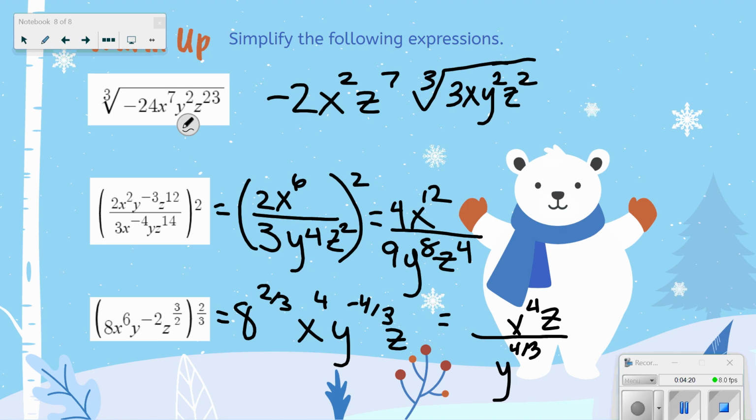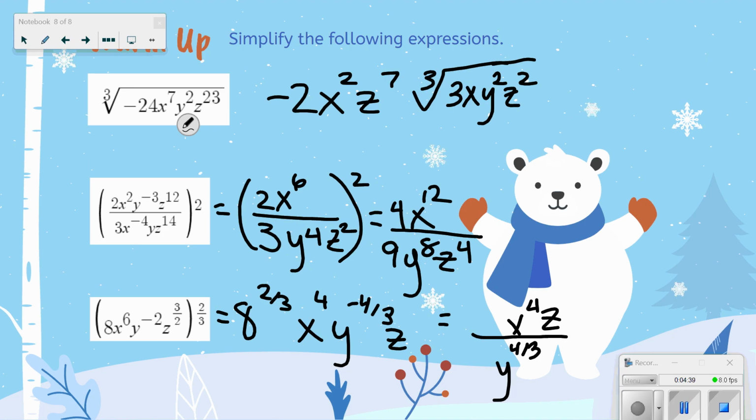And let's talk about 8 to the 2/3 power. Does anybody know what 8 to the 2/3 power simplifies to?